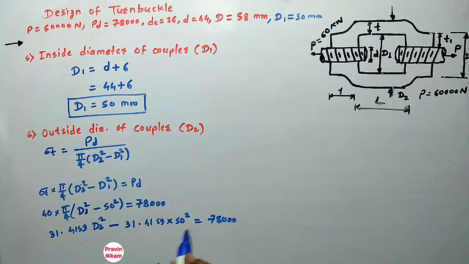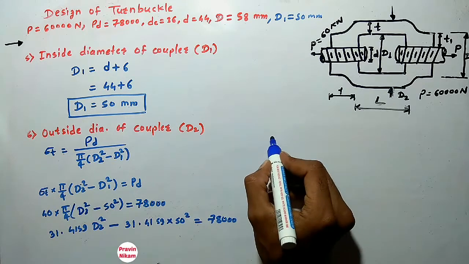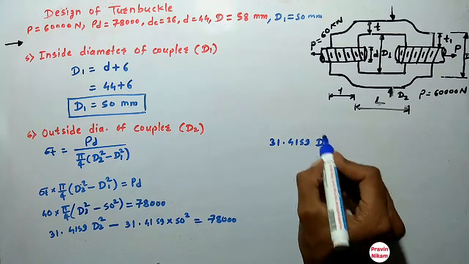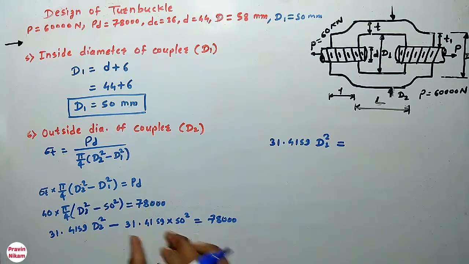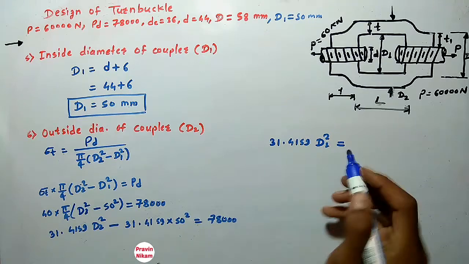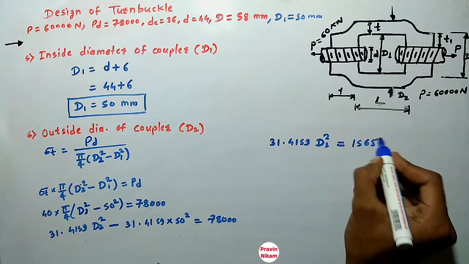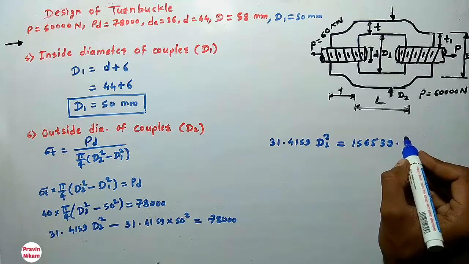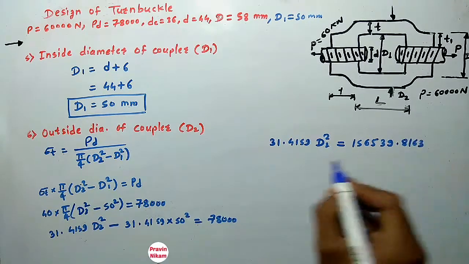So find out this value, and if this value goes on this side, becomes plus, then the total is 31.4159 D2 square is equal to, total of this is 156539.8163.